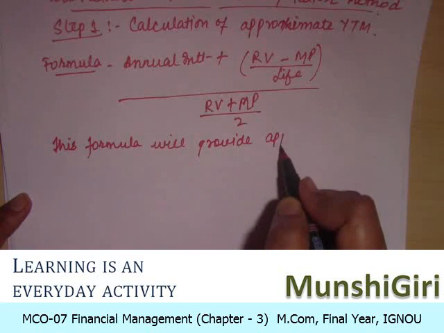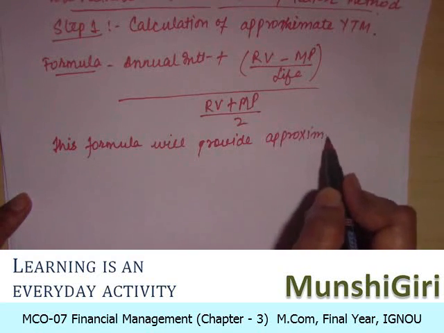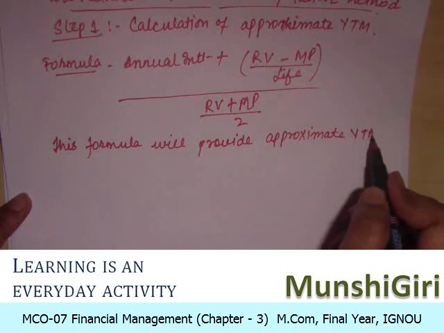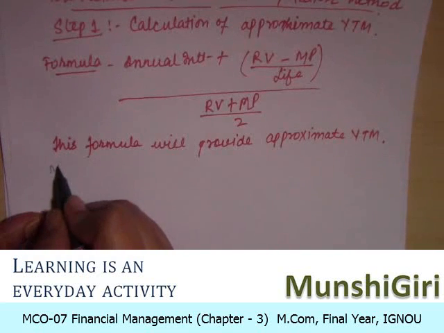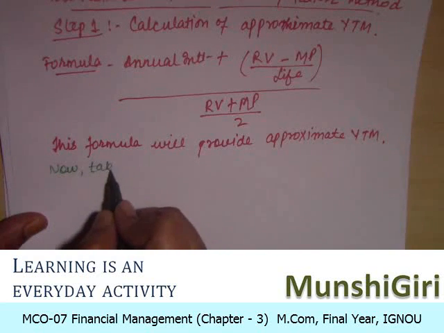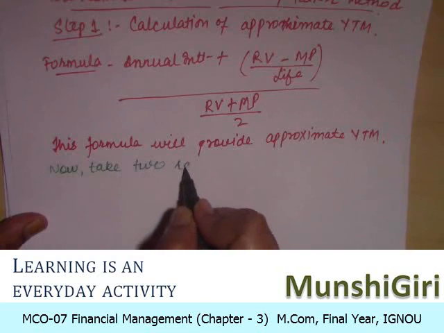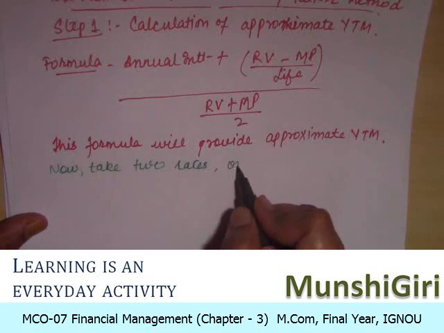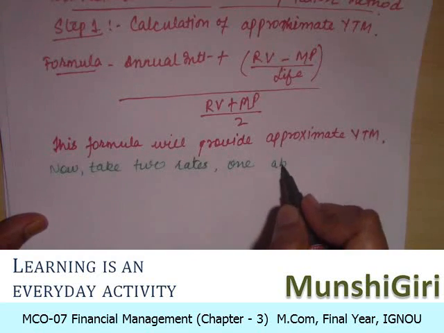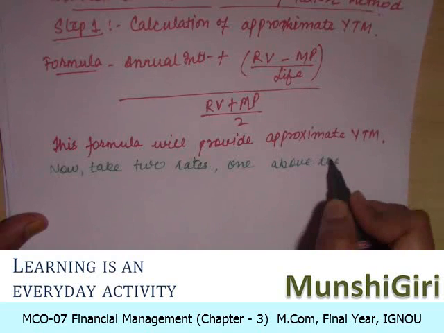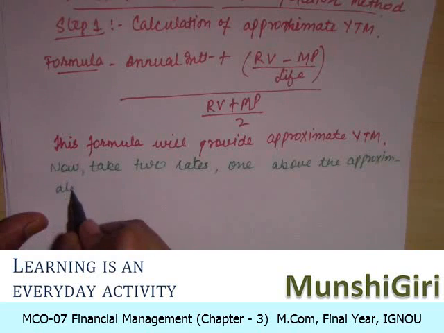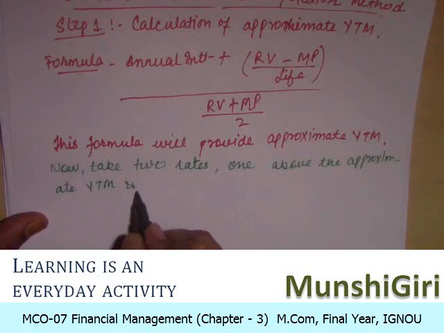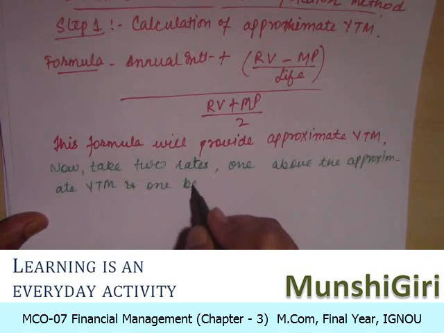Now this formula will provide an approximate yield to maturity. Now what we'll do is take 2 rates, one above the approximate YTM and one below the approximate YTM.